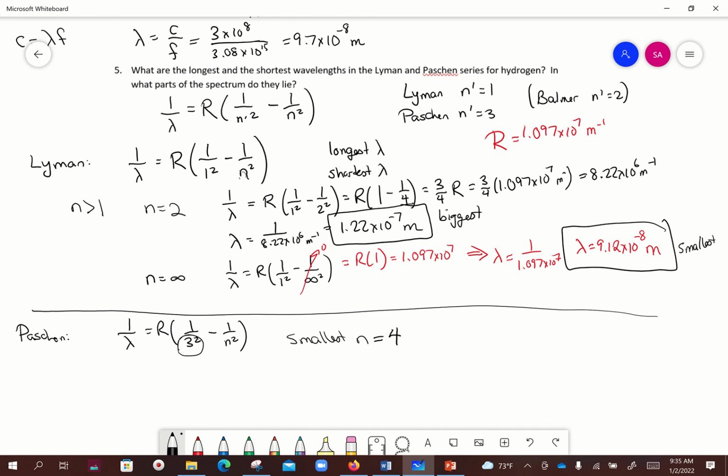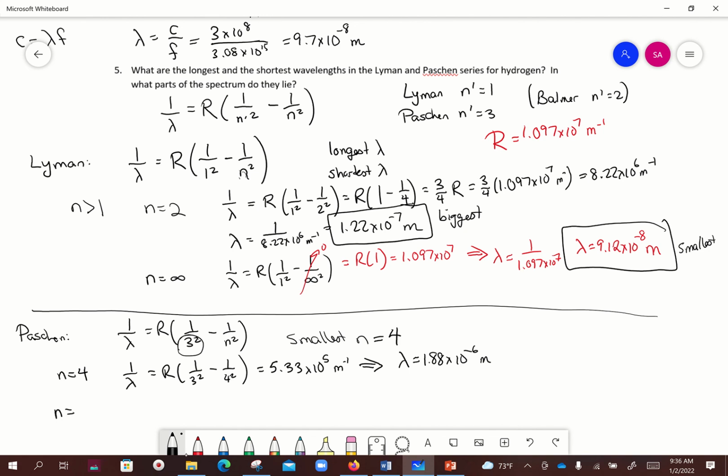So for n equals 4, 1 over lambda is R times 1 over 3 squared minus 1 over 4 squared, which turns out to be, when I plug in all my numbers, 5.33 times 10 to the 5 per meter. So my wavelength is 1.88 times 10 to the minus 6 meters.